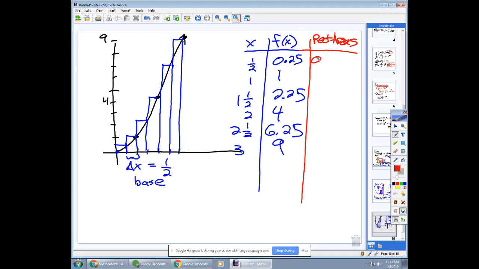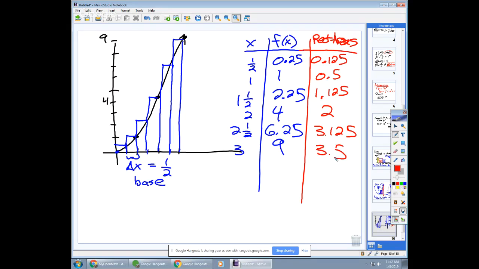I'm going to need maybe some help with the calculator here. 1/2 of 1 is 0.5. 1/2 of 2.25 is 1.125. 1/2 of 4, I got that one. That's 2. 1/2 of 6.25 is 3.125. 1/2 of 9 is 3.5.